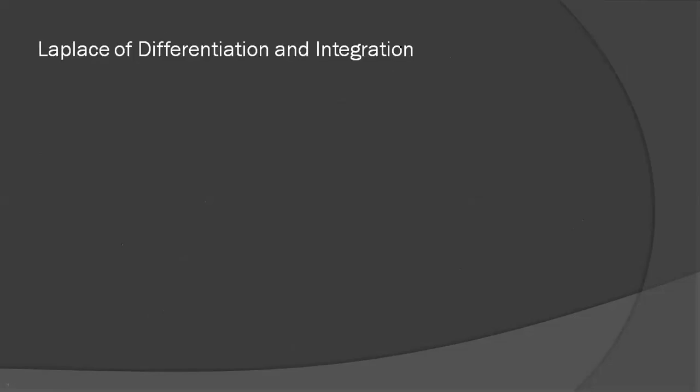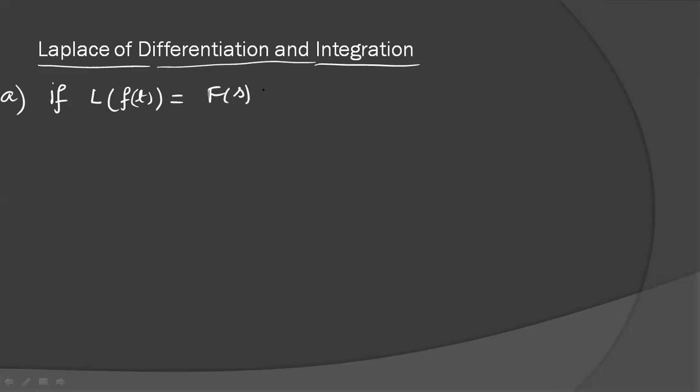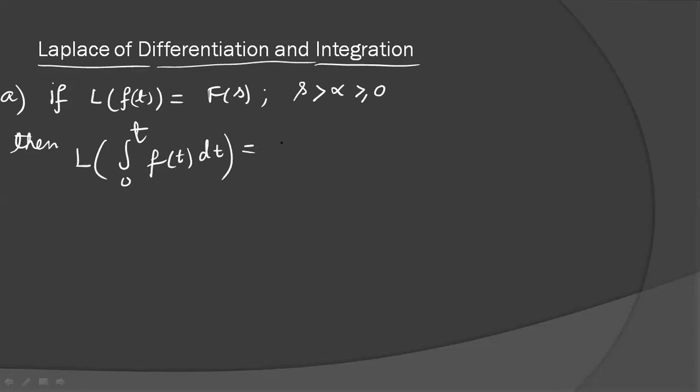Let's see the next property, Laplace of differentiation and integration. We will see both properties here. First, the integration property. If Laplace of f(t) is capital F(s) and s is greater than alpha, alpha greater than or equal to 0, then the Laplace of the integral of f(t) dt, some people write f(tau) d tau for another variable, we can write it like this also, is nothing else but F(s) over s.